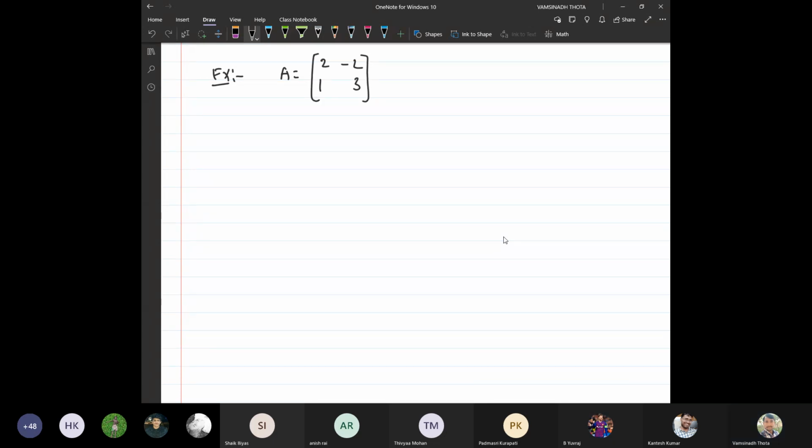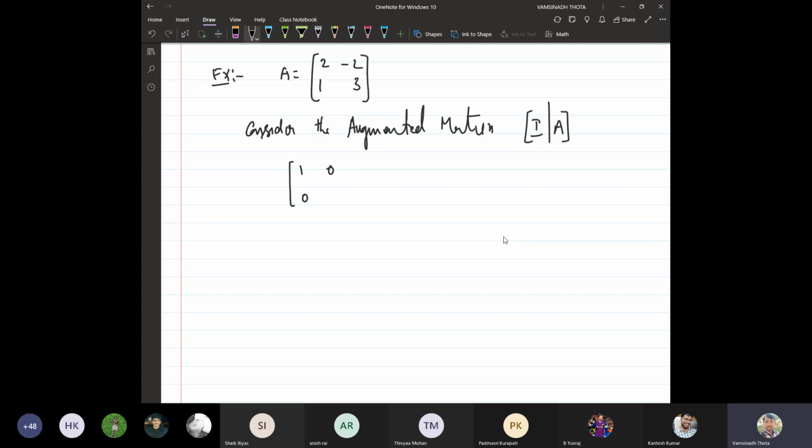What we need to consider is the augmented matrix: I, that is 1, 0, 0, 1, and then 2, minus 2, 1, 3.